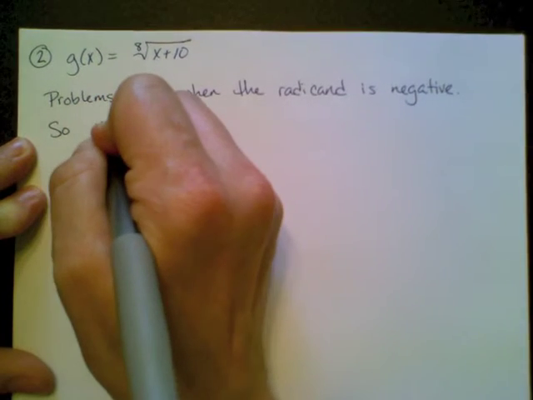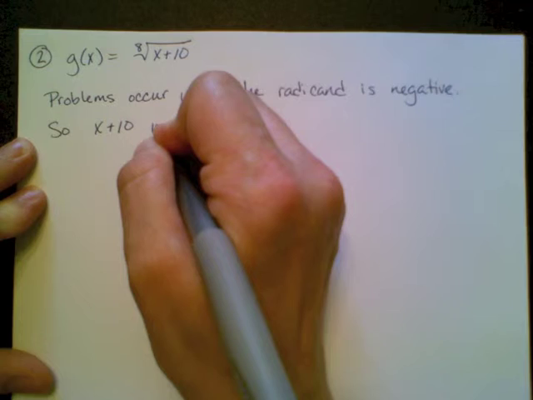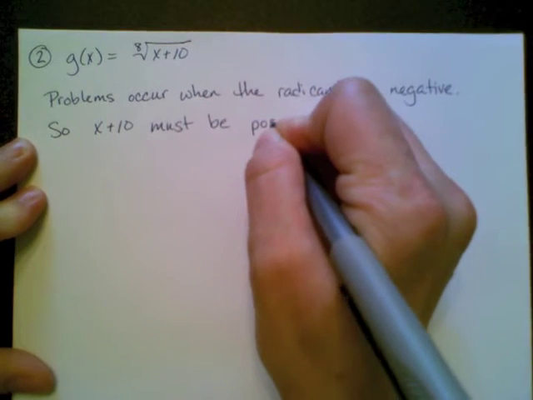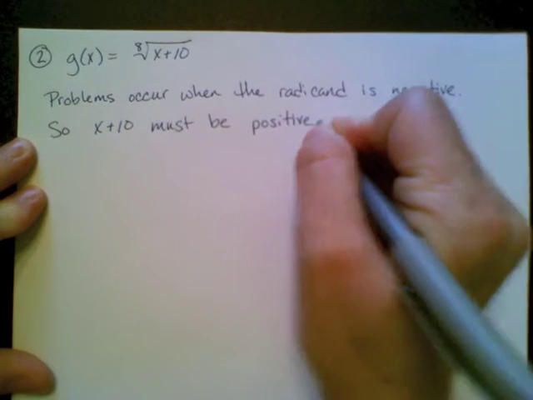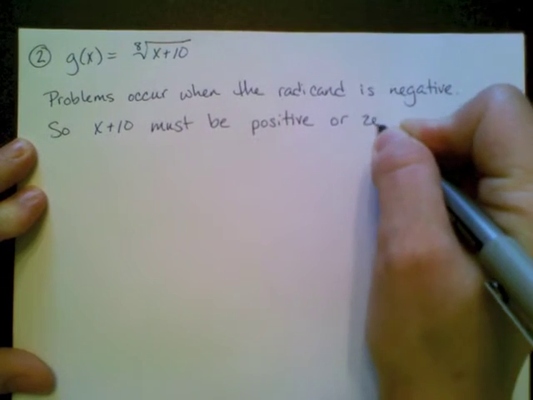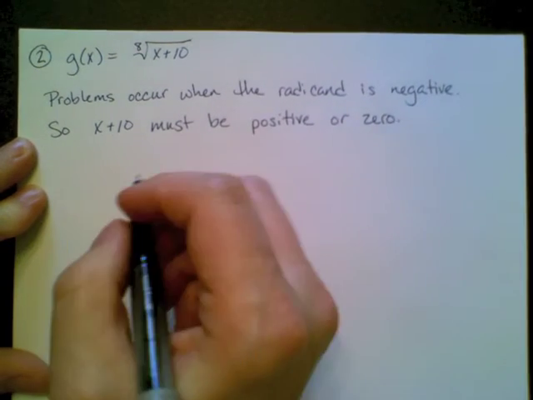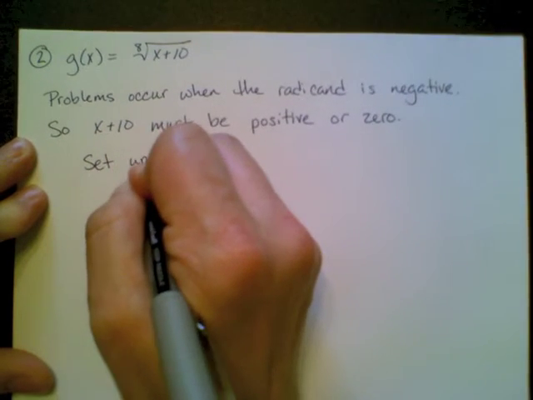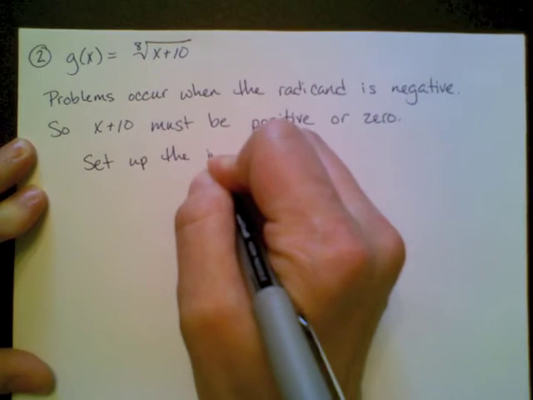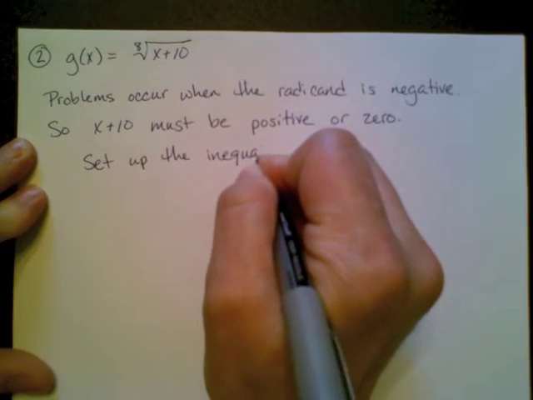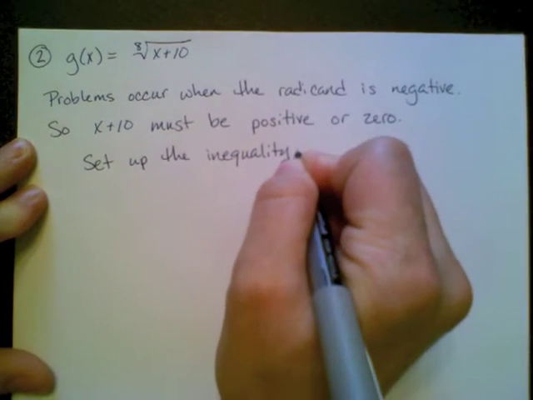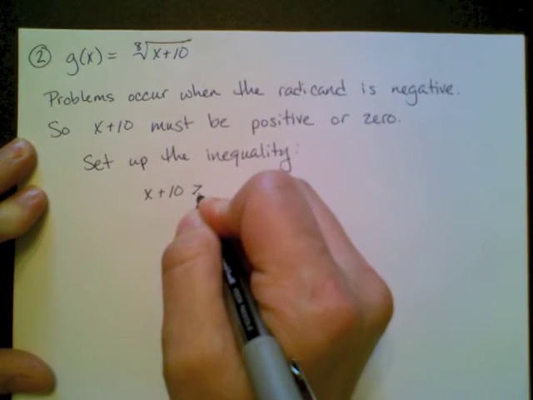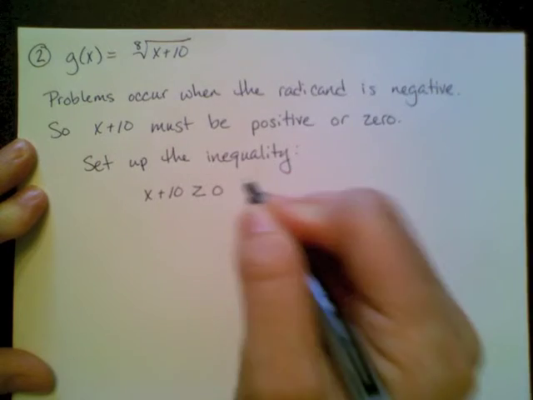So x plus 10 must be positive or 0. So set up the inequality. x plus 10 is greater than or equal to 0.